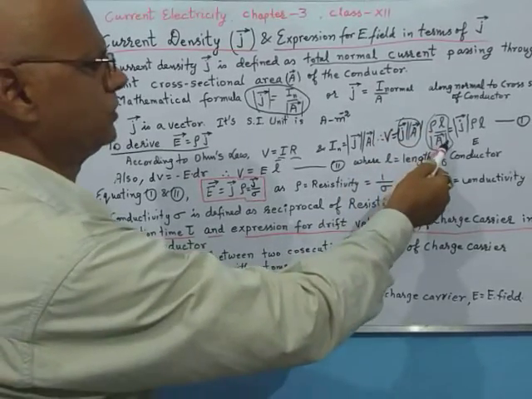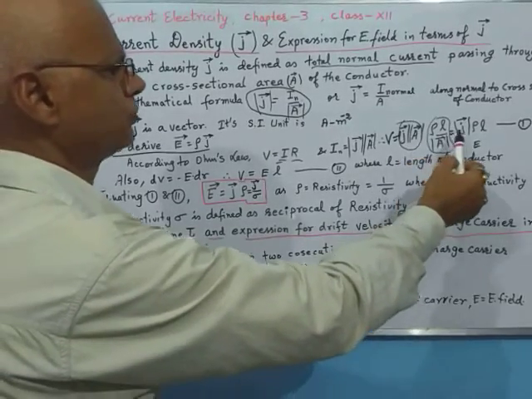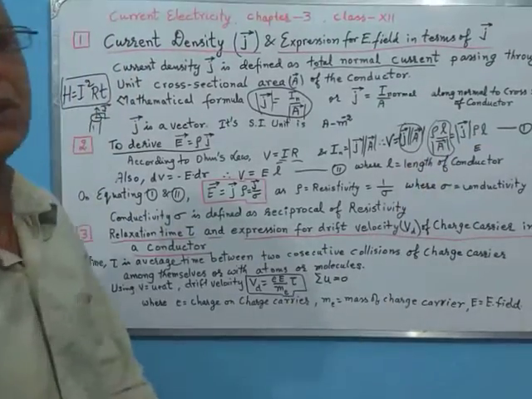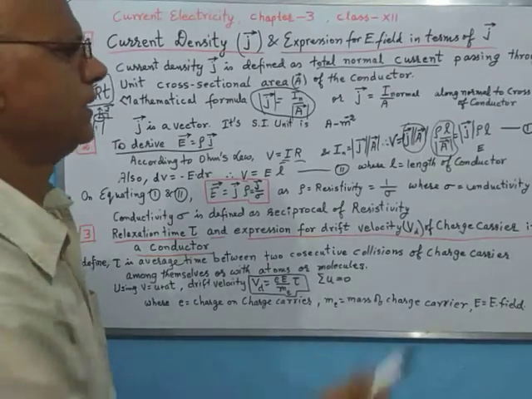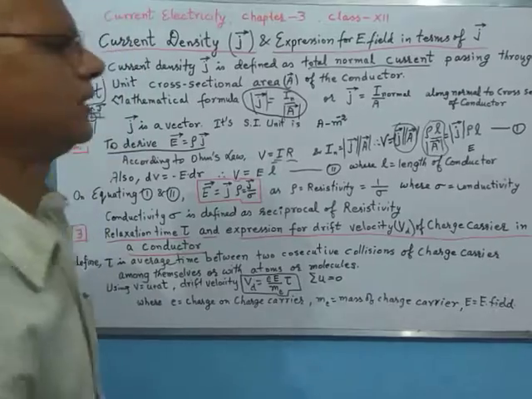When taken together, the cross-sectional area cancels, so V = J rho L. Let us call it equation number 1, where J is the current density, rho is the resistivity, and L is the length of the conductor.